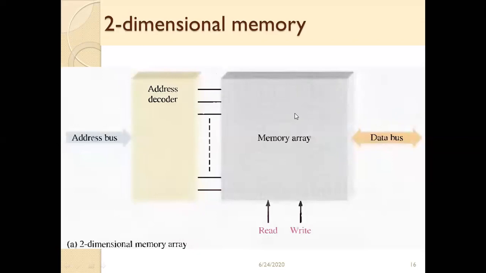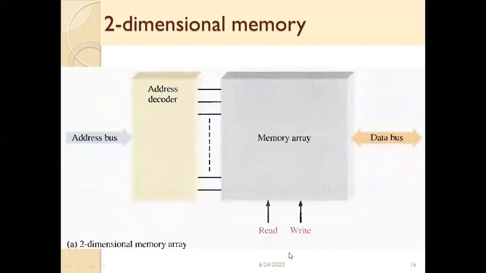Now I gave the address. What do I want to do on this address? Do I want to put some data on this address, or do I want to take some data from this location? That would be specified by these two lines, the read line and the write line. If I want to save some data on this location, then I will select the write line.